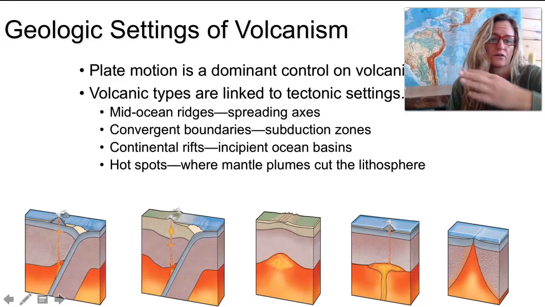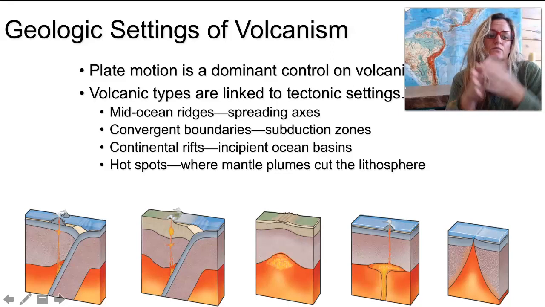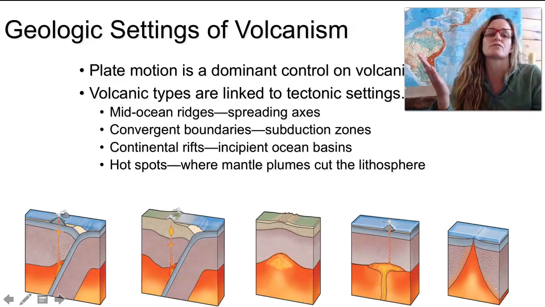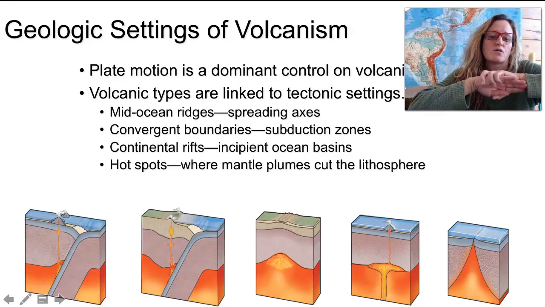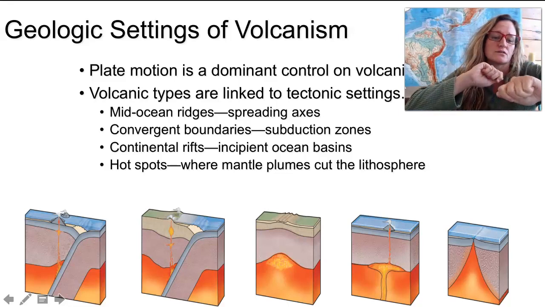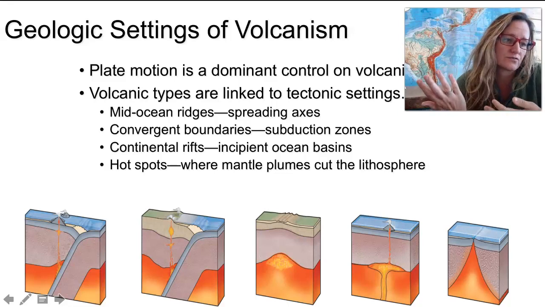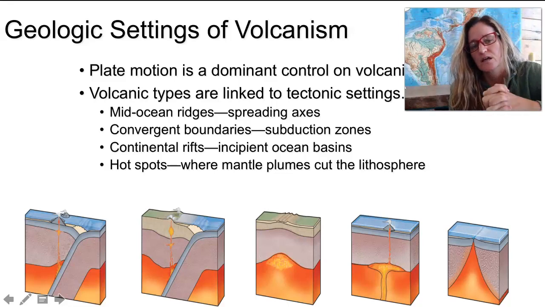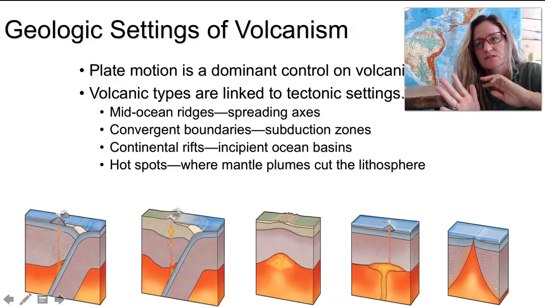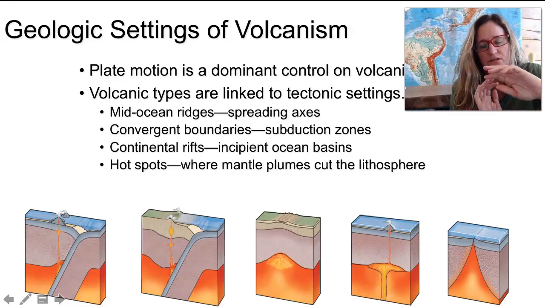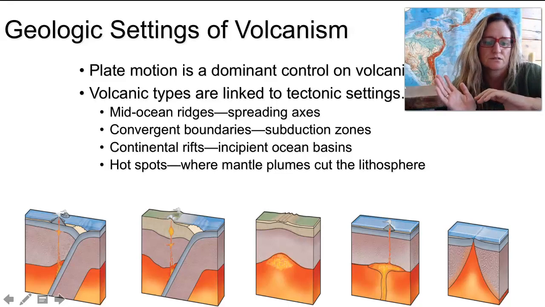So whether we're at a mid-ocean ridge, the plates are coming apart, or at a convergent plate boundary, or maybe we're in the continents and they're rifting, or a hotspot either in oceanic lithosphere or continental lithosphere, we're going to have different parts of the crust lithosphere melting to give us different chemistries that give us different kinds of eruptions.